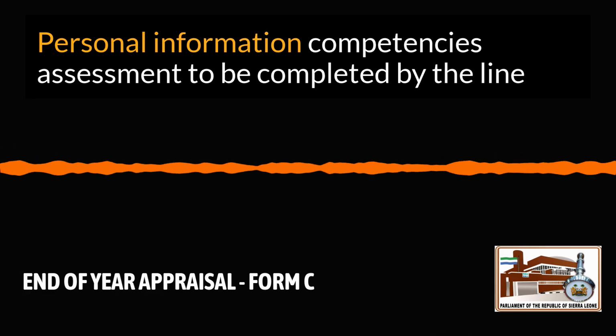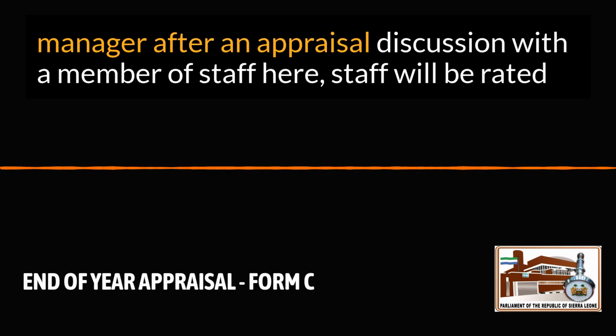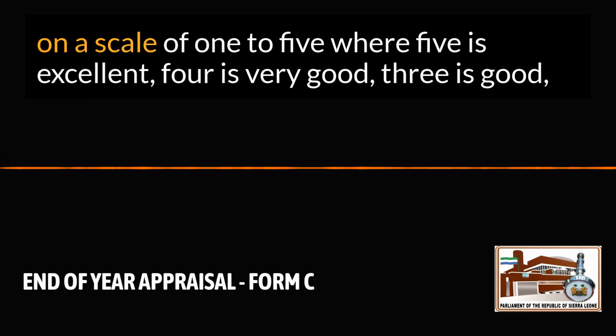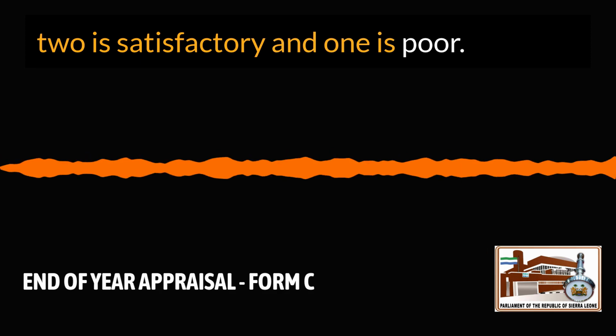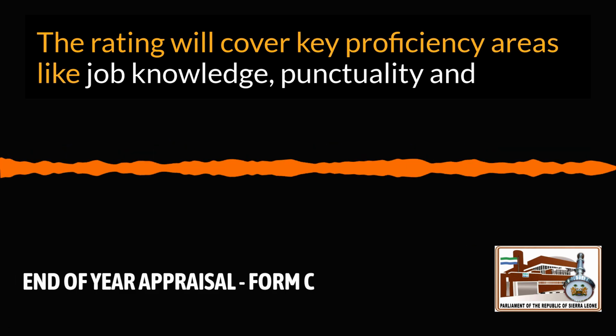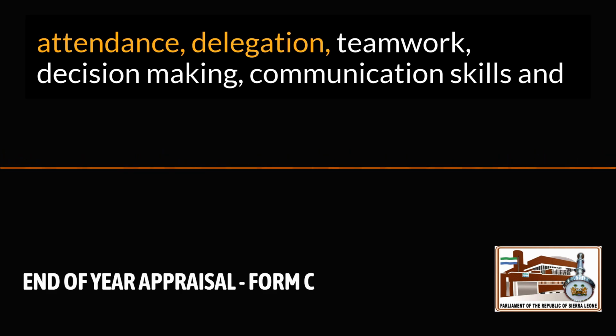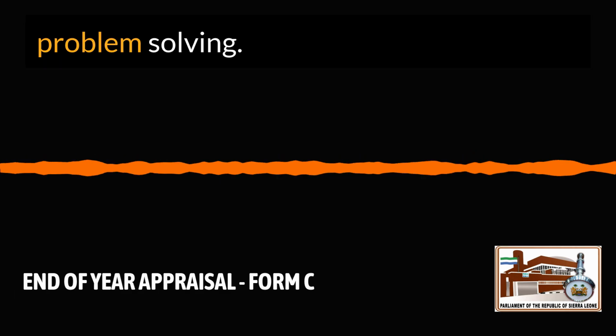Competencies assessment is to be completed by the line manager after an appraisal discussion with a member of staff. Here, staff will be rated on a scale of 1 to 5, where 5 is excellent, 4 is very good, 3 is good, 2 is satisfactory, and 1 is poor. The rating will cover key proficiency areas like job knowledge, punctuality and attendance, delegation, teamwork, decision making, communication skills, and problem solving.